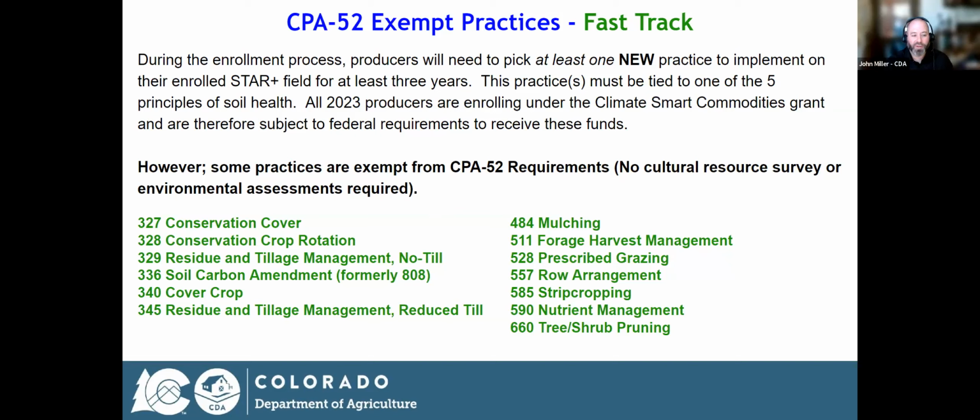That would include conservation cover, conservation crop rotation, residue and tillage management, where people are converting to no-till, soil carbon amendment, cover cropping, residue and tillage management, where people are reducing their till, mulching, forest harvest management, prescribed grazing, row arrangement, strip cropping, nutrient management, and tree and shrub pruning. So again, if they pick one of these things out of this list, or several of the things out of this list, there will be no requirements for CPA 52 here.